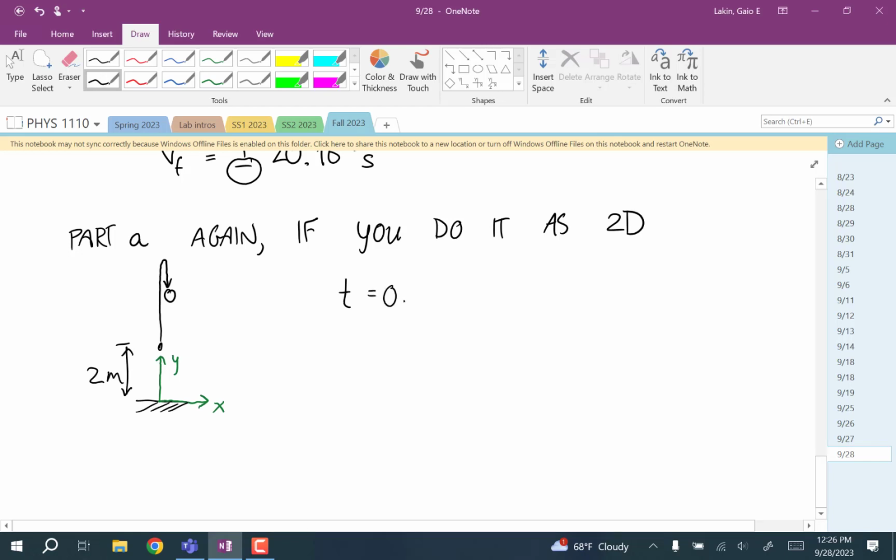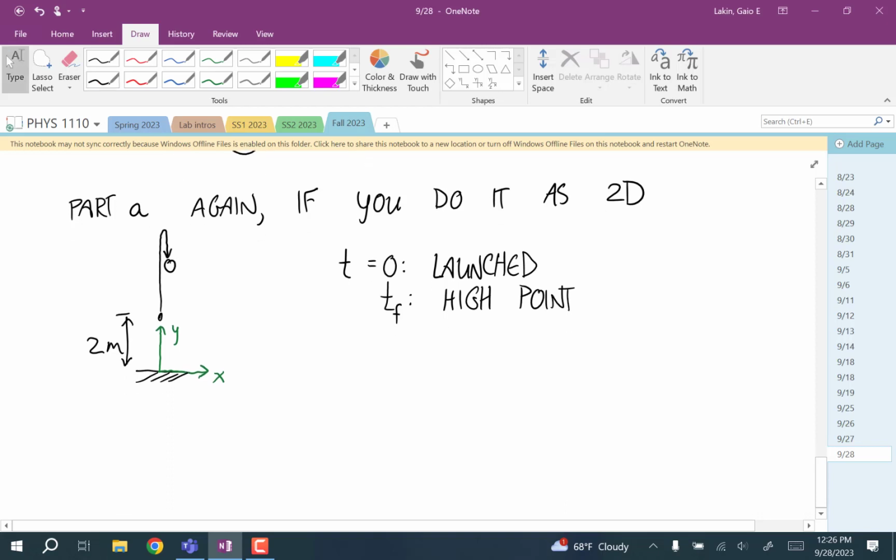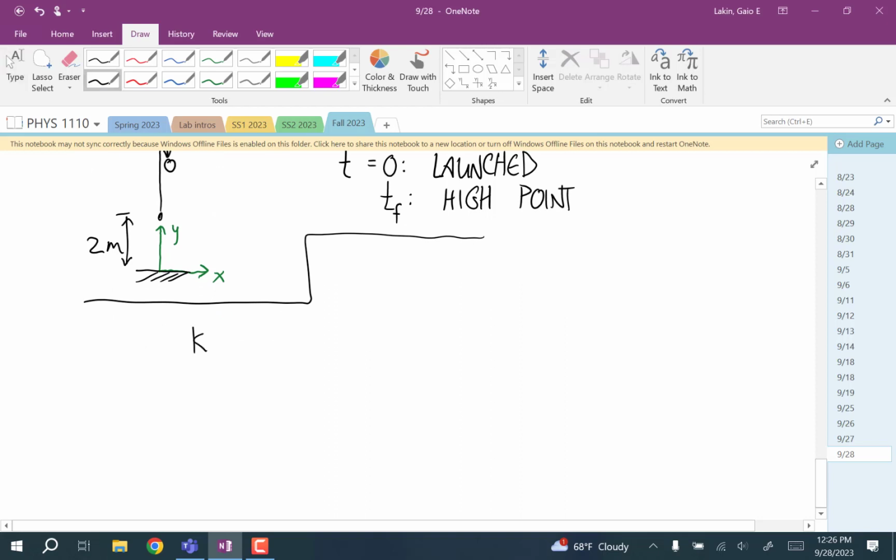Time equals 0 is still going to be at the instant that it's launched. Time final is still going to be at the highest point. We don't know time final. We know that the acceleration, now we're doing it as 2D, so this is 0, negative 9.81.